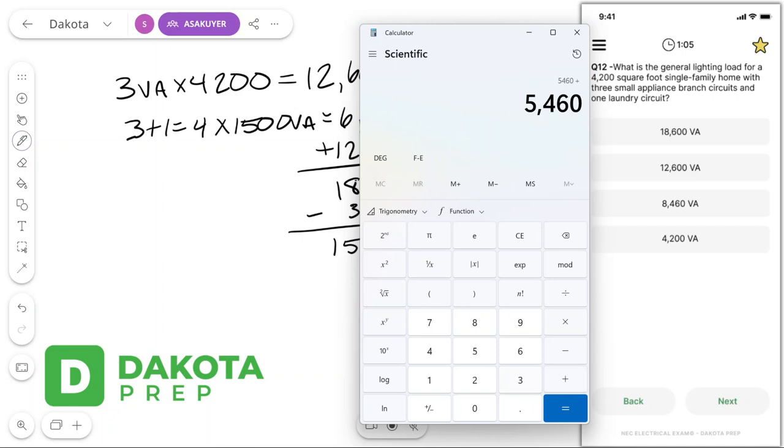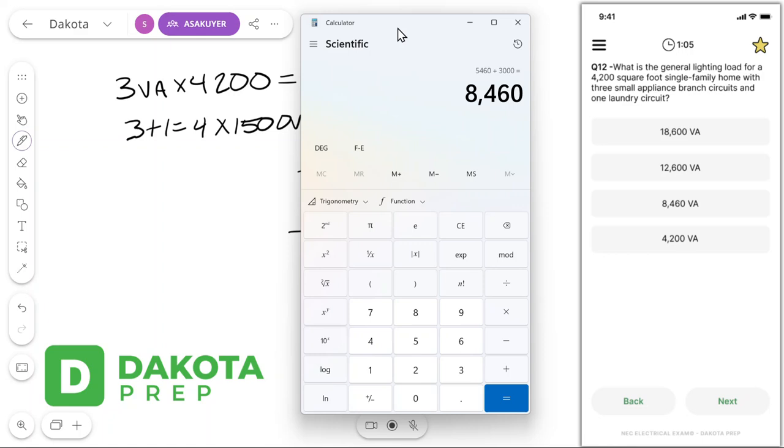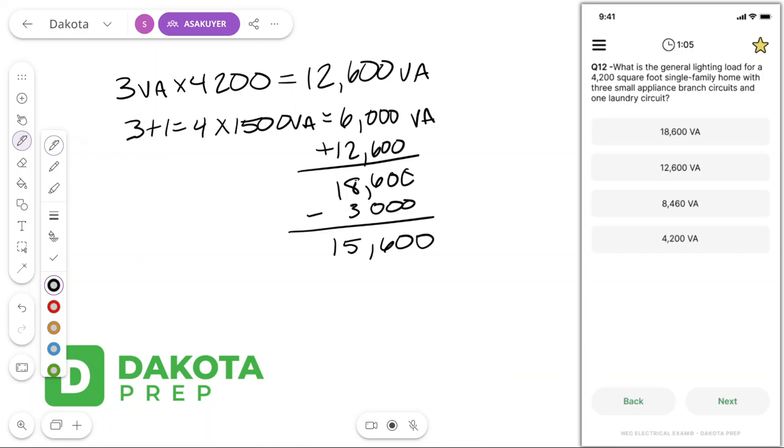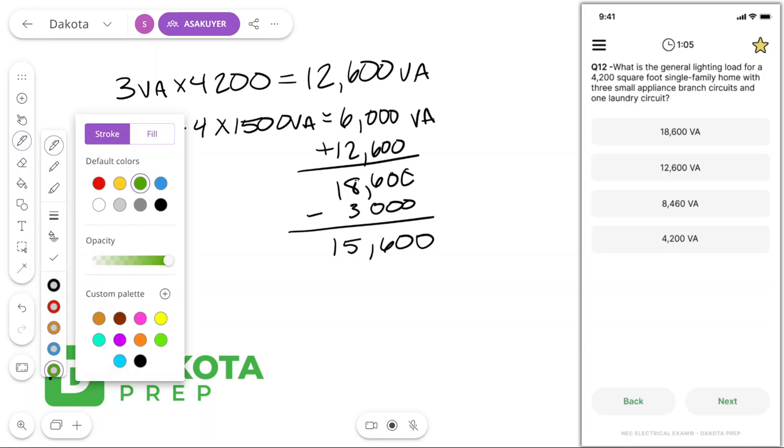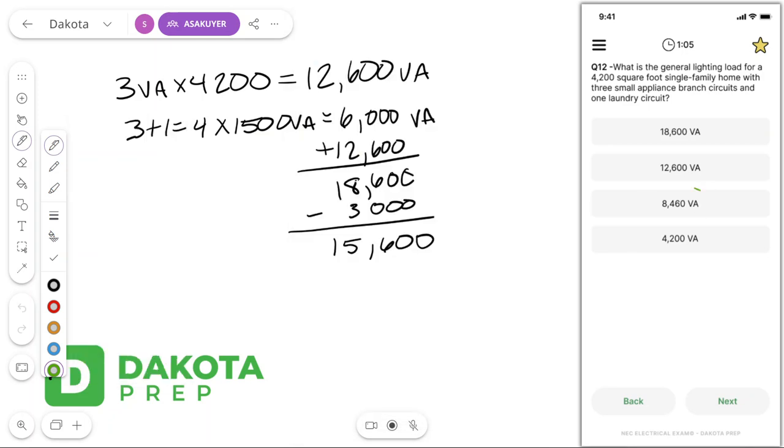But remember, we have to add that 3,000 back in there. We can't forget about that. That's 100%. So 8,460 volt amps is our demand, which means the correct answer is 8,460 volt amps.